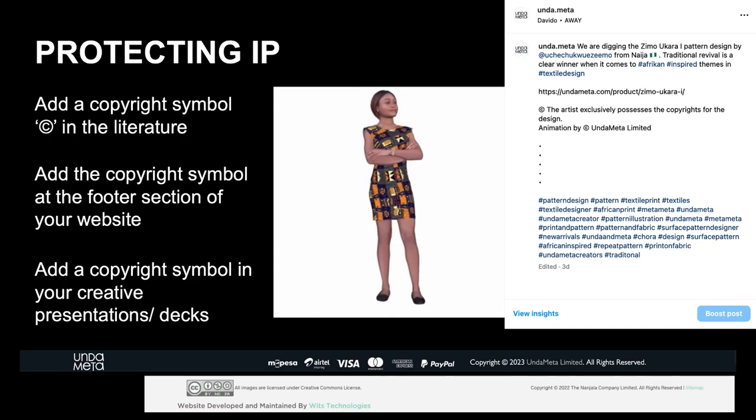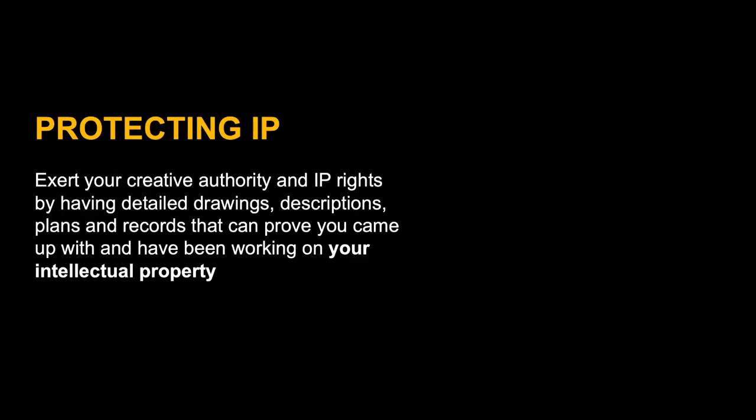Now, definitely also ensure you exert your creative authority and IP rights by having detailed drawings saved, descriptions, plans, records recorded, so that in future, in case someone infringes your copyrights, you're able to prove that the work indeed is yours because you're holding the originals.